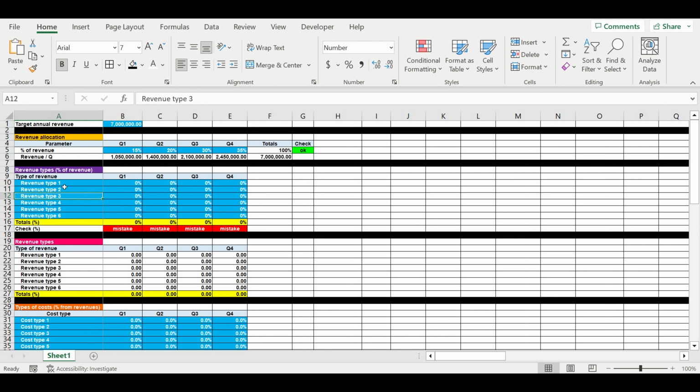Then we know that we are selling some product, and the revenue comes from different sources, and now we need to describe these sources. For example, the first one is wholesale, then retail.